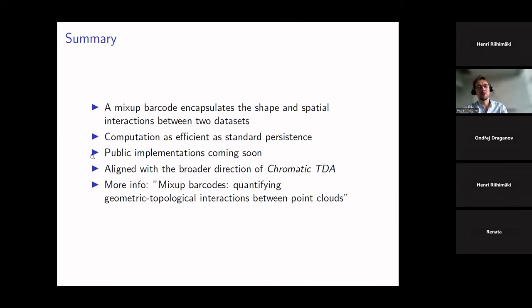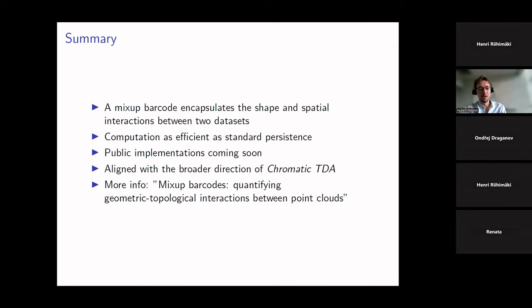What I didn't really explain is that the computations are pretty much as efficient as with standard persistence, or as inefficient if you want. This requires some extra work, but this seems to be the case. This is in contrast with, for example, techniques like multi-parameter persistence, where the algorithms get really complicated.